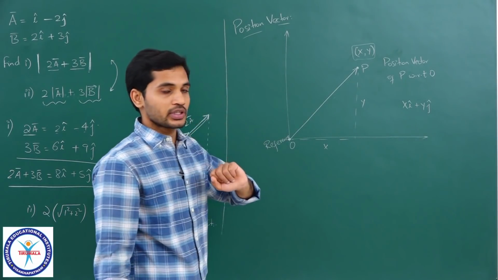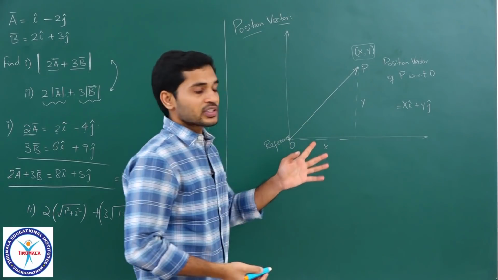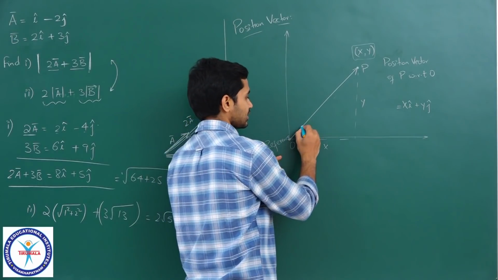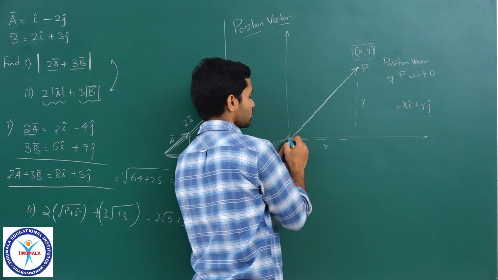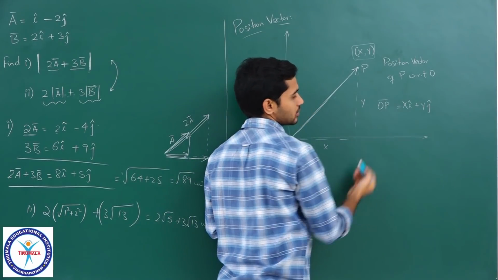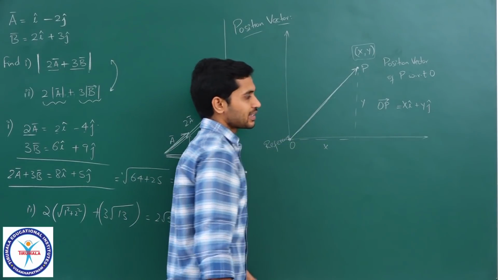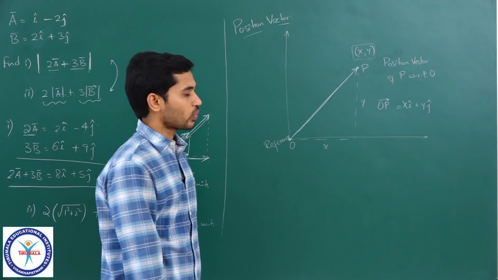Okay. Now, observe closely, let me first represent this vector. Position vector of P with respect to O is this, and you know how to write this, right? This point is O and this point is P. So, I can write it as OP bar, from O to P, correct. So, OP bar can be written as x i cap plus y j cap.